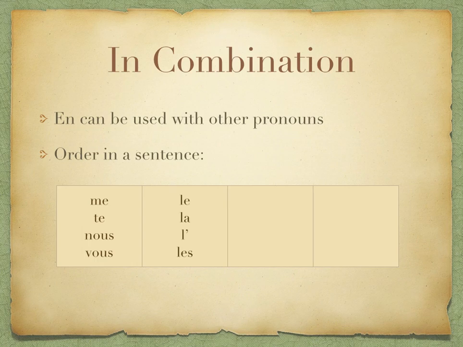Le, la, l', and les always come after me, te, nous, and vous, but they always come before lui and leur. You should already have at least this much of the chart memorized. But the rest of the chart makes it fairly obvious where en goes. En is always the last one in a sentence.